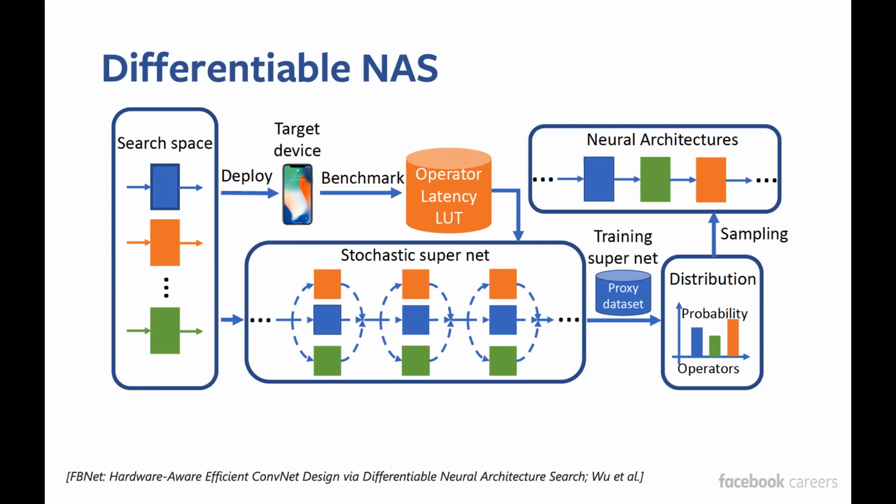And we use a method called double softmax so that it can figure out which building block to use. When you train the network, it can decide which building blocks to use.